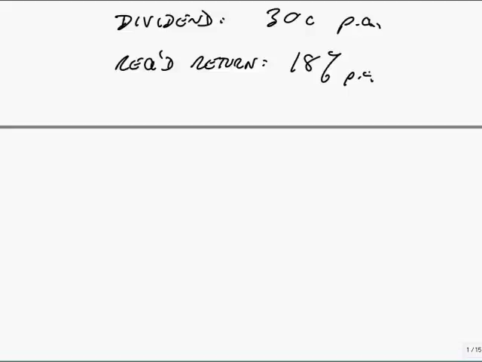Well, to the nearest cent, how much would you be prepared to pay for that share? To the nearest cent, and in the exam you do it to the nearest cent. Andre thinks 1.67. Anybody think different?